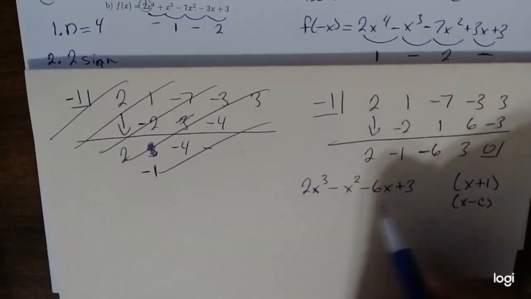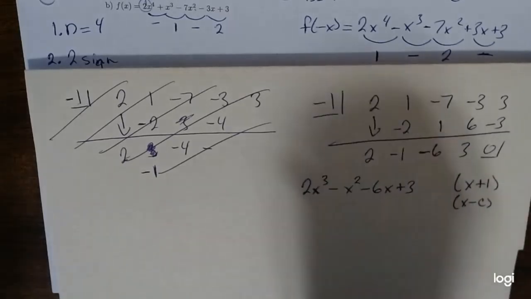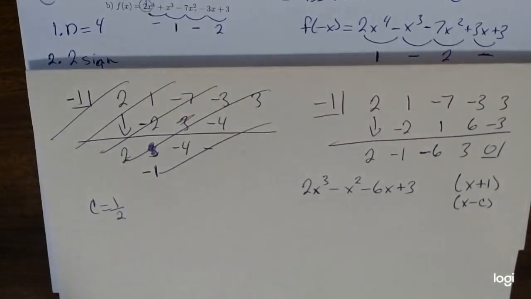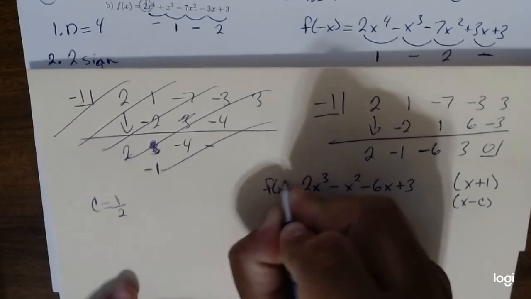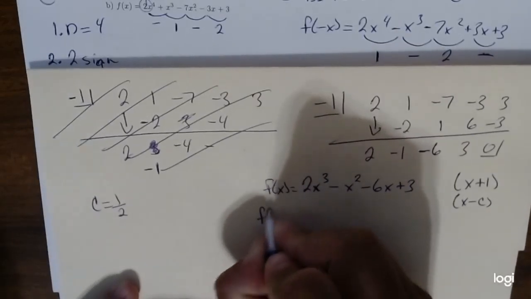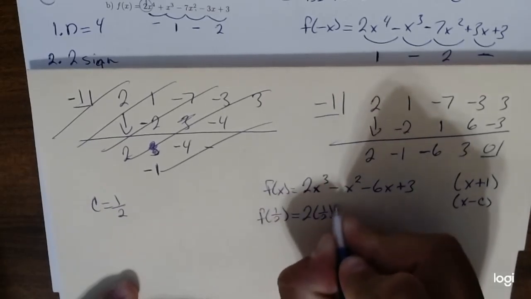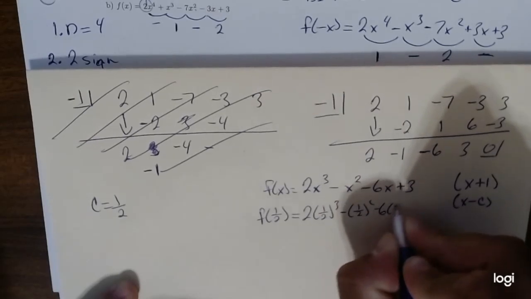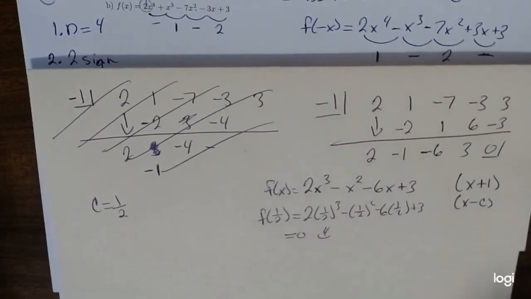All right. So at this point, we start again. And since I know the answers, I don't want to take this too long. We know, or we'll just try 1/2 when it comes to it. Okay? So if you plug in 1/2 into this function now, you should get 0.